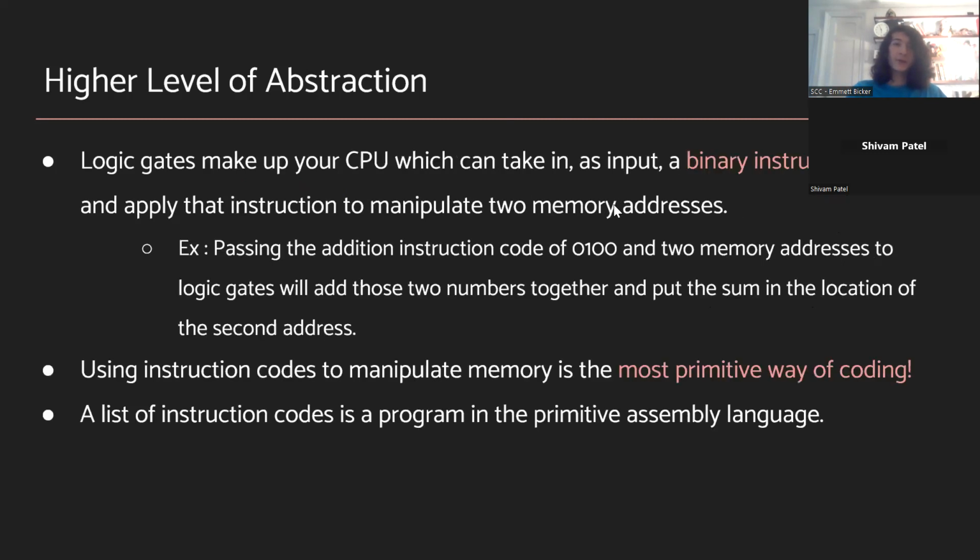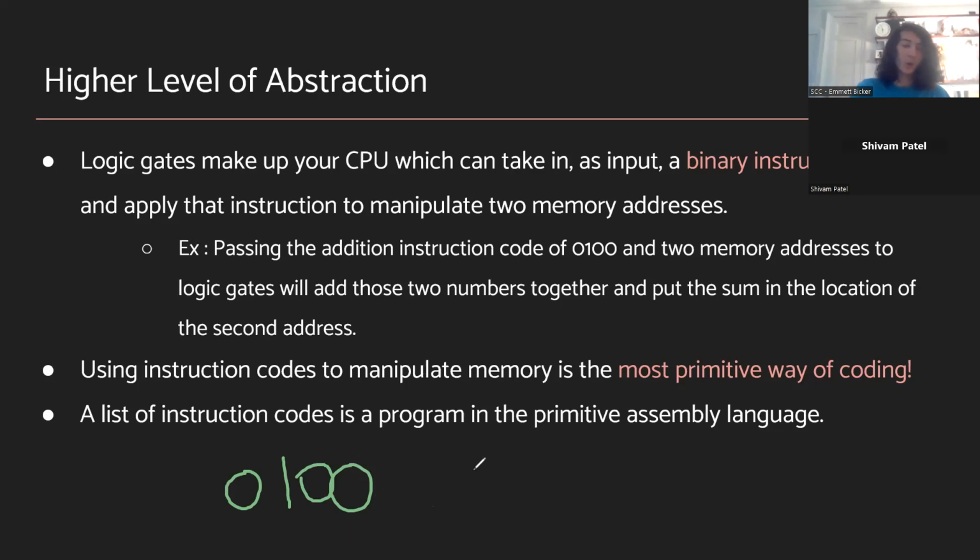So the one final thing that I'm going to talk about is, on the highest level of abstraction with logic gates, that they make up your CPU, and your CPU, your central processing unit, will take in binary instruction code and memory addresses. So let's say that the code in binary for addition is 0100. And then I can pass in two memory addresses after that.